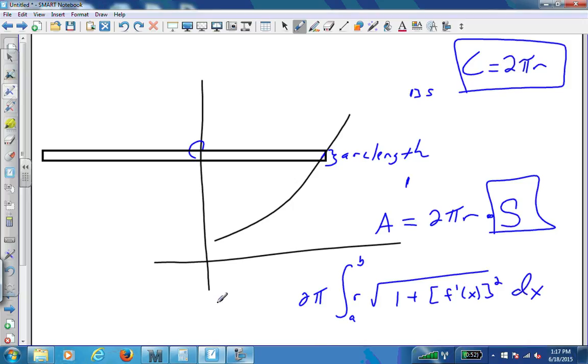That'll give us our surface area. So again, your arc length is the width of that ribbon. That ribbon is going all the way around, so the length of that ribbon is the circumference, where the radius is the distance from that sample element to the axis of rotation. So that's how we'll calculate our surface area.